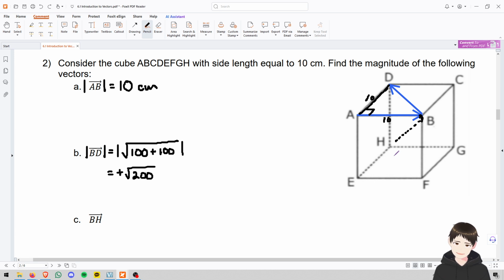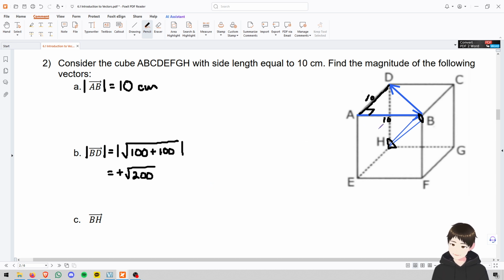Give me one more shot. Does that work? Oh man, I suck at this. Okay, but you get the point. BH is from the corner closest to you and shooting diagonally through the cube to the corner furthest from you. So you got to visualize that. So there's a big element of spatial visual awareness that comes with vectors.